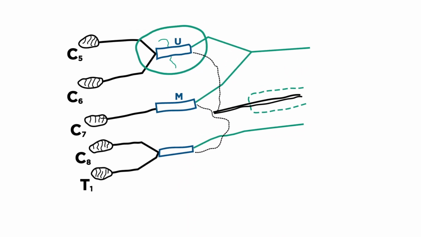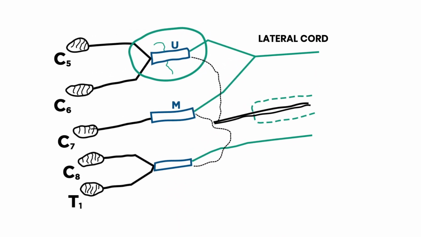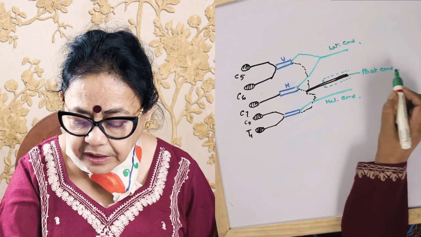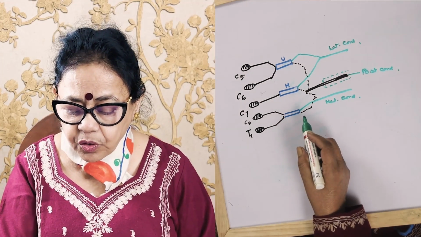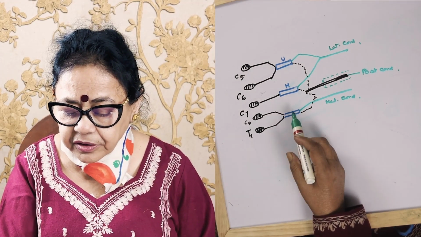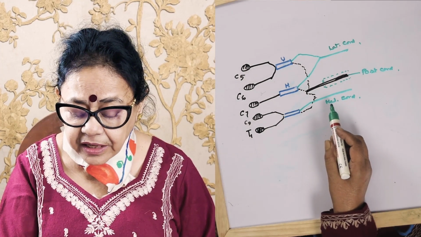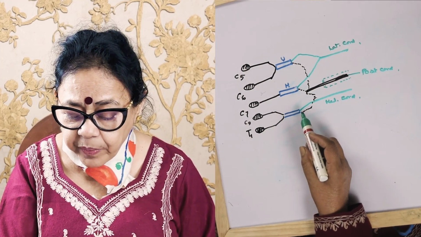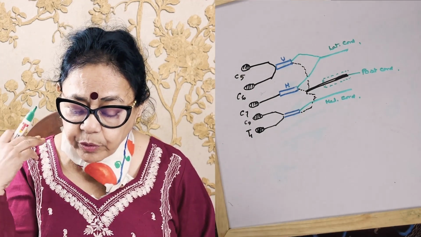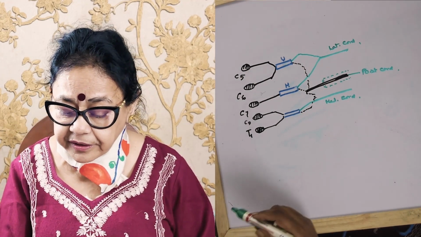So this is the lateral cord, this is the medial cord, and this is the posterior cord of the brachial plexus. Now the cords and the trunks you will get in the axilla, and the roots and part of the trunks you will get in the posterior triangle of the neck.